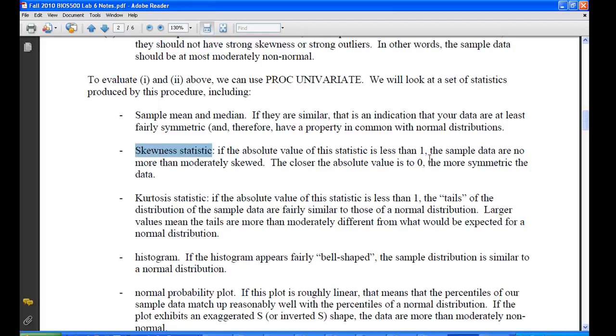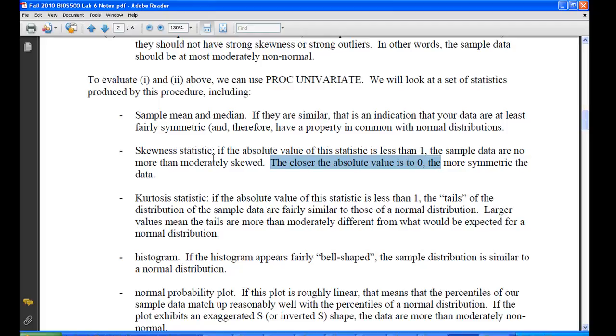Now this is a rule of thumb, I should point out, and not all statisticians agree on this particular rule of thumb, but we're going to go with it in our class, and it's usually worked out pretty well for me. The closer that skewness statistic is to 0, the more symmetric the data are, so the better you're feeling about your data having that property of symmetry in common with true normal distributions.